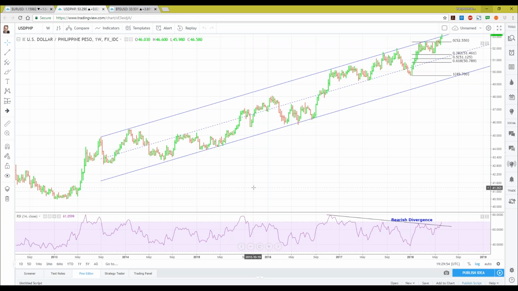So here we have a very interesting scenario. We actually have bearish divergence in the indicator. Remember I mentioned one of the three ways to use it: overbought and oversold, range trading, and divergence. What we see is that the indicator is moving in a downtrend. Okay, it is making lower highs as it's moving across, while price is moving in an uptrend.